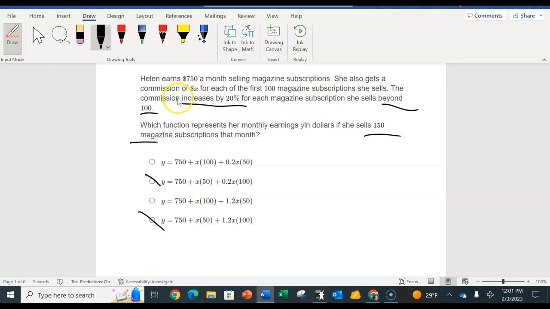And then it says it increases by 20%. So it's going to be 20% times X. And then you want to increase. So remember we said if we're increasing, it's going to be 1 plus the interest rate. Okay. So that means it's going to be 1.2.